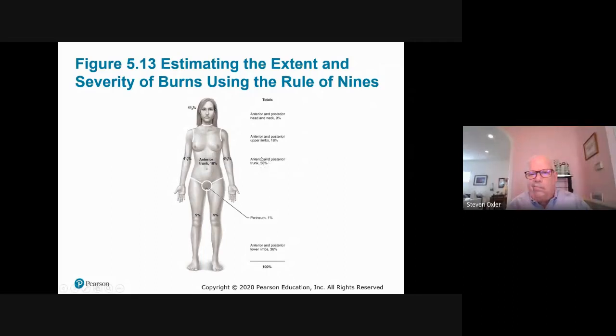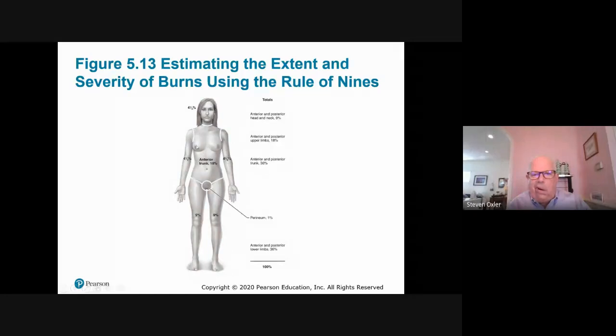All right? The front of your arms is 4.5%. The entire arm is 9% each.